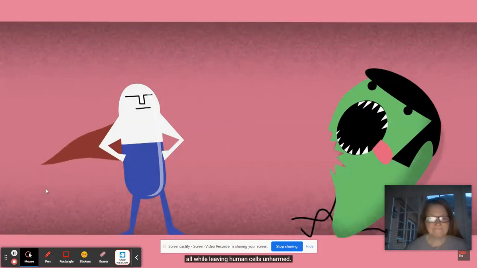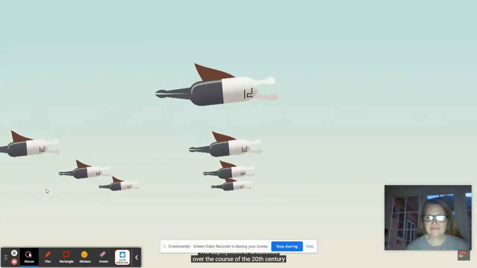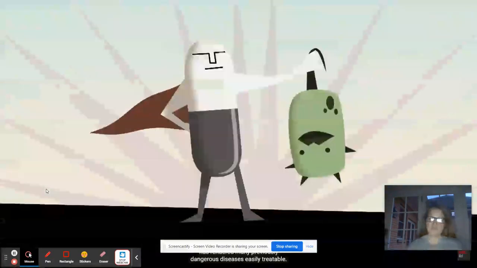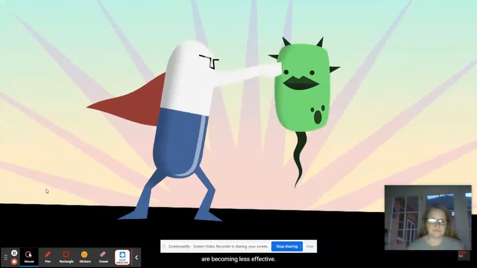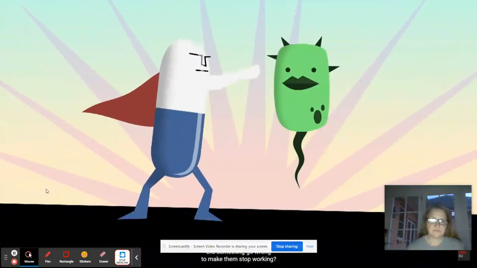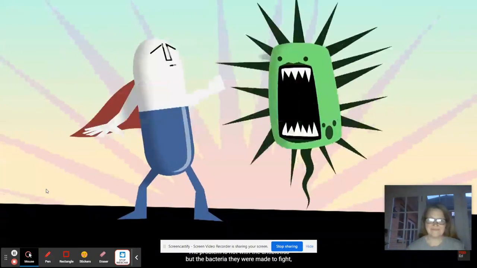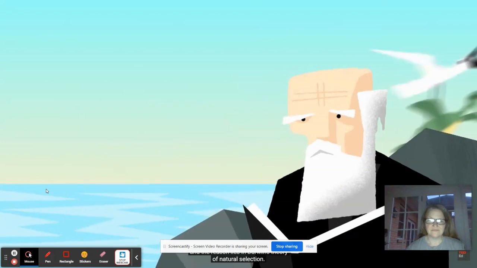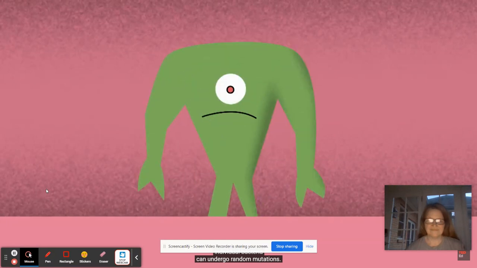leaving human cells unharmed. The deployment of antibiotics over the course of the 20th century has rendered many previously dangerous diseases easily treatable. But today, more and more of our antibiotics are becoming less effective. Did something go wrong to make them stop working? The problem is not with the antibiotics, but the bacteria they were made to fight. And the reason lies in Darwin's theory of natural selection. Just like any other organisms, individual bacteria can undergo random mutations.